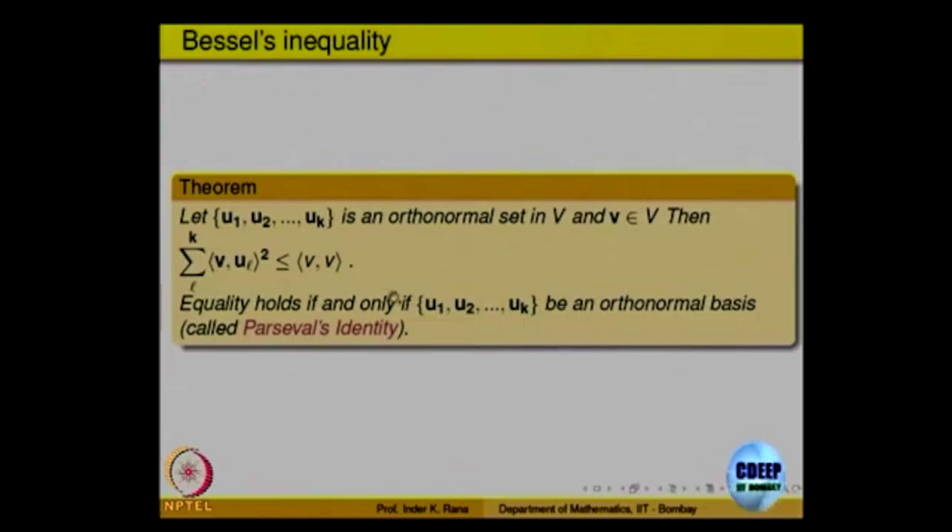That is what is called Parseval's identity. So Bessel's inequality becomes equality if and only if the given set of orthonormal vectors is a basis also.